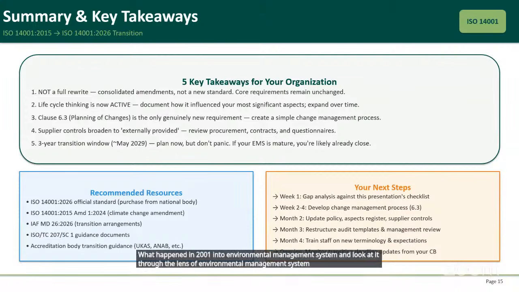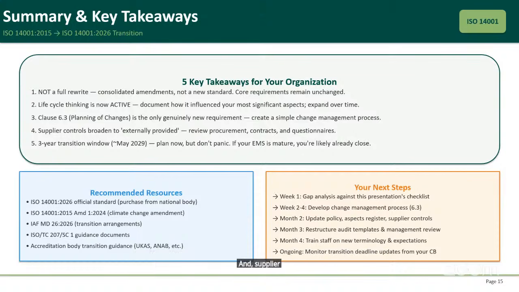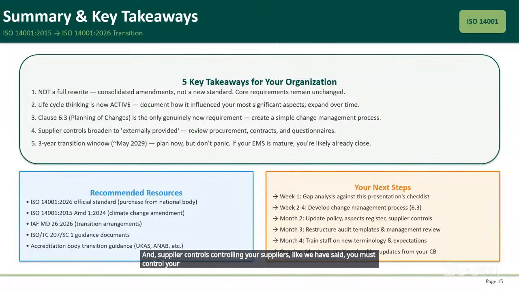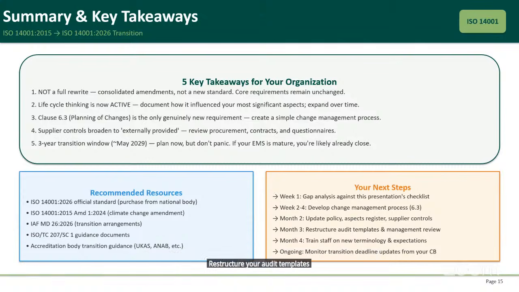Just integration. Update your policy to include the environmental aspect. Update your aspect register and supplier controls. You must control your suppliers because it is now about externally provided services. Then restructure your audit templates and management review.